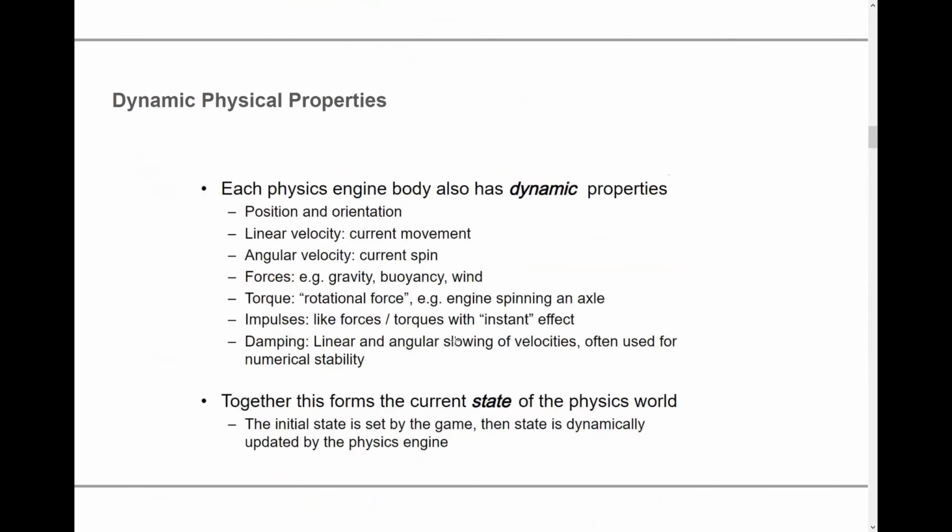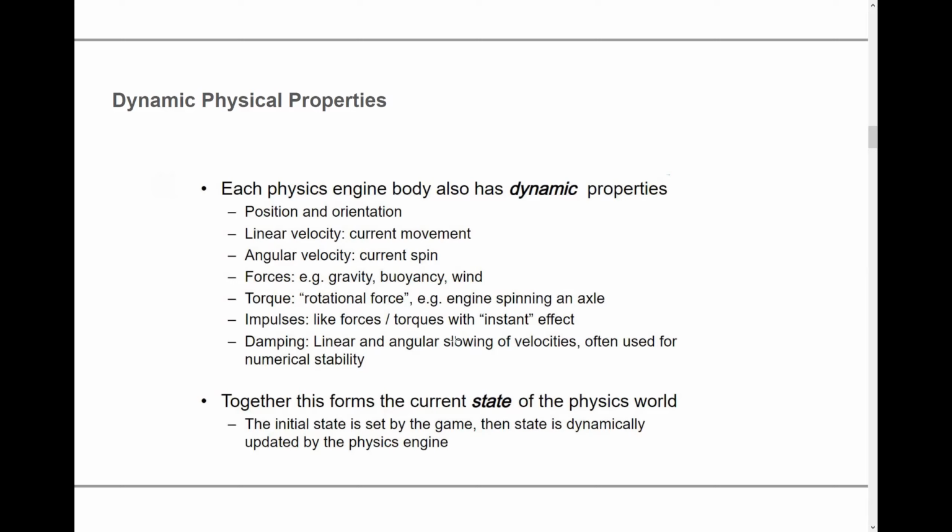Now, when we come to the dynamic properties of a physical body, then the position, the orientation, linear velocity, angular velocity. We will be looking at all of these in the upcoming slides.